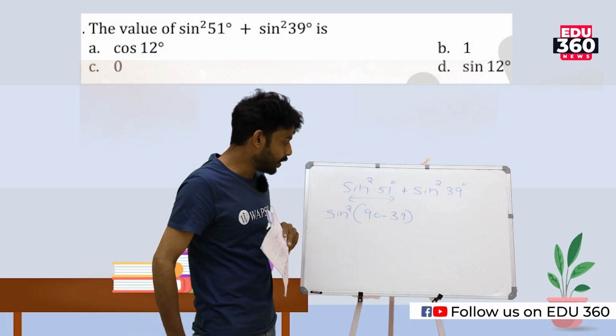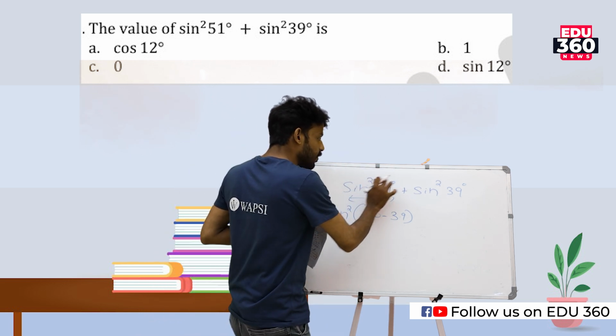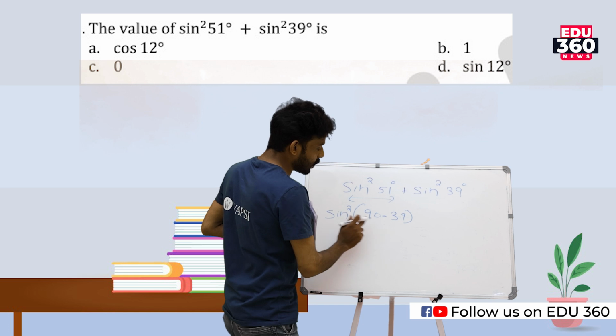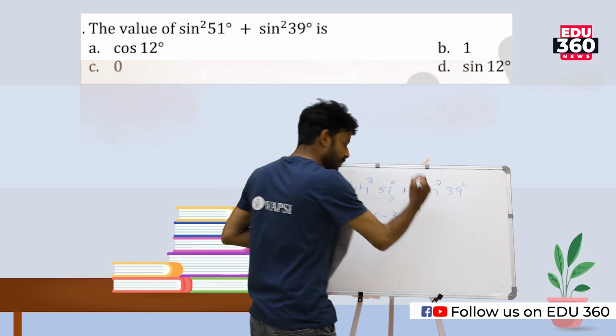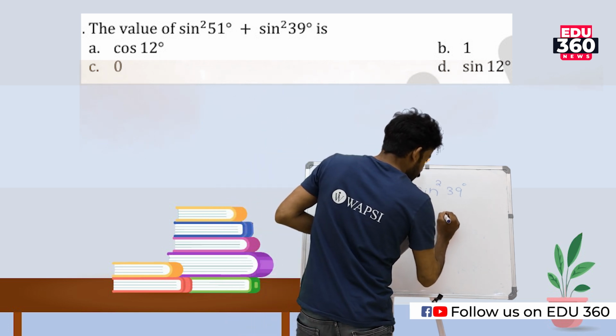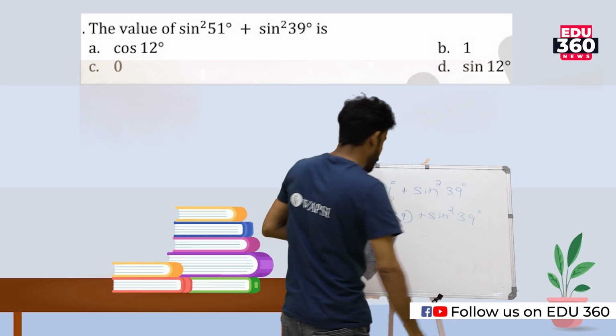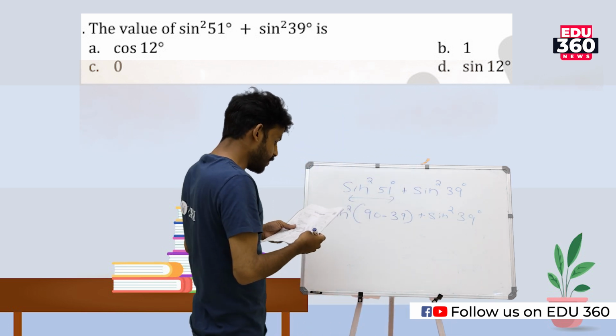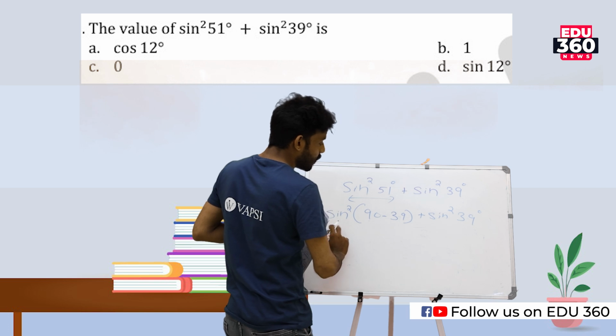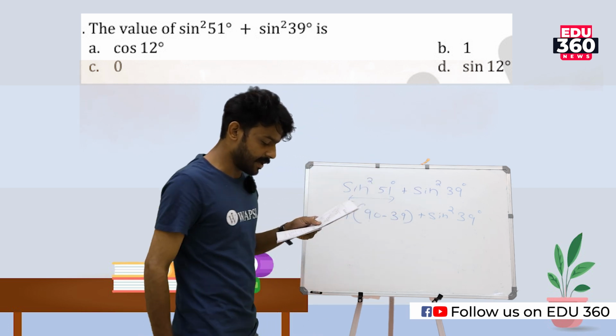That is equal to 51. So instead of sine square 51 degree, we can write sine square of (90 minus 39) plus the remaining the same, sine square 39 degree.